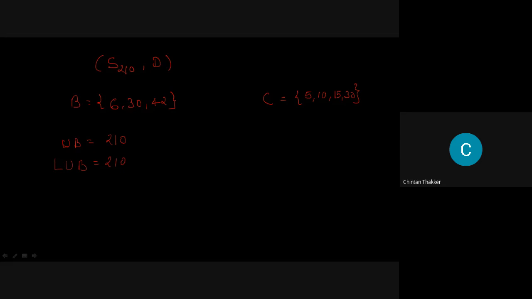You have to take the elements from S210 only. So which are the upper bounds for C?